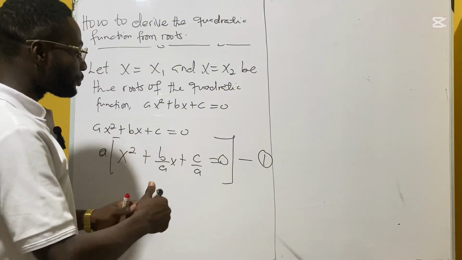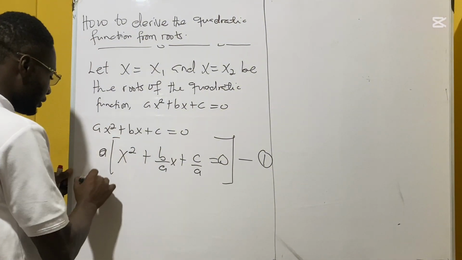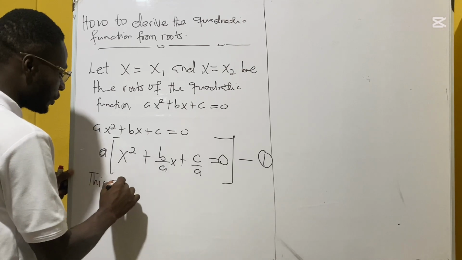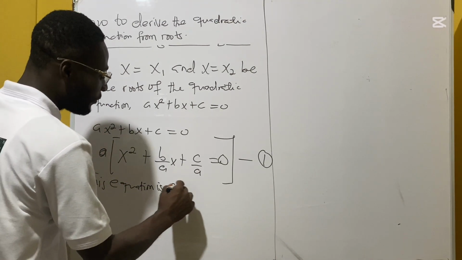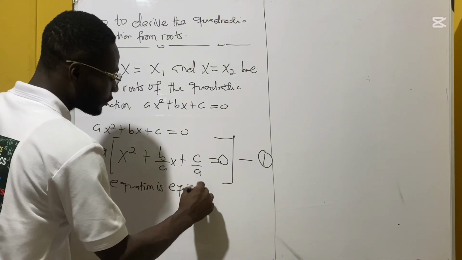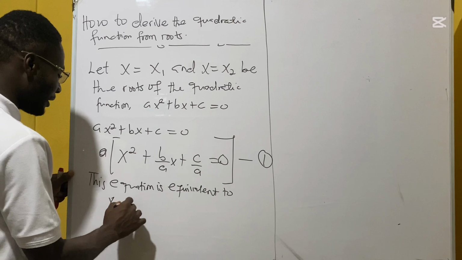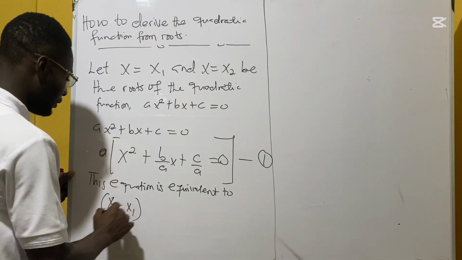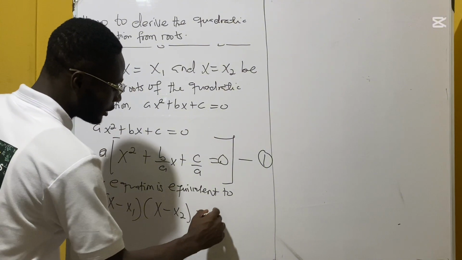Now, this equation we have right here is equivalent to saying that (x minus x1) times (x minus x2) is equal to 0.